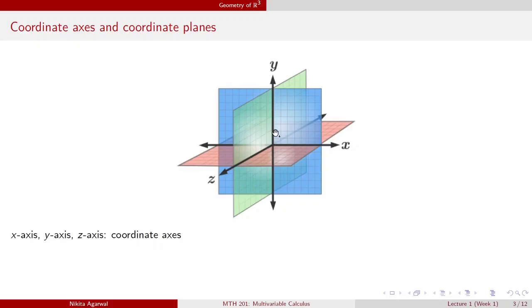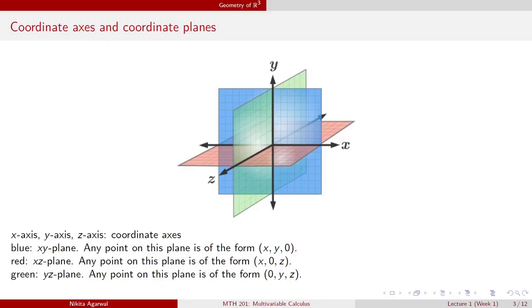The top is the positive y-axis and the bottom is the negative y-axis. The front one is the positive z-axis and this is the negative z-axis. The entire axis is called x-axis, y-axis and z-axis. These are called coordinate axes of R3.